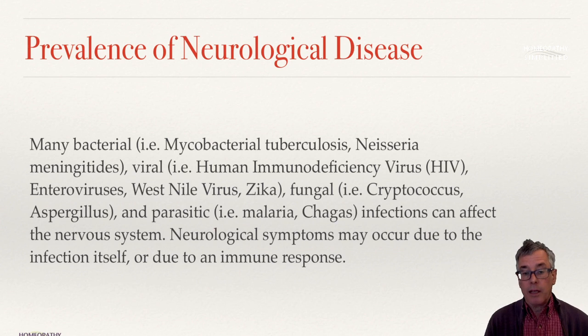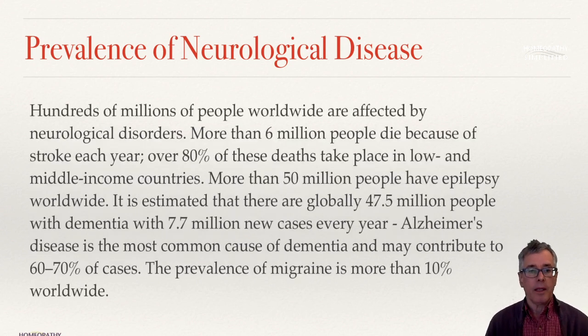We see West Nile virus, Zika, it could be Lyme's, etc. Then we have fungal causes, and parasitic causes can also affect the nervous system. Those parasites can actually eat away at your nervous system. But mostly it's an autoimmune response that we're dealing with.